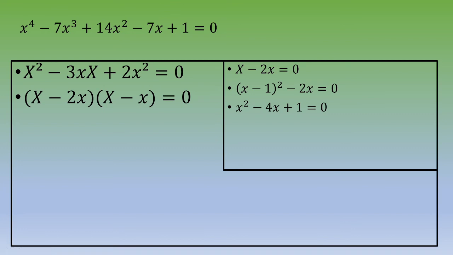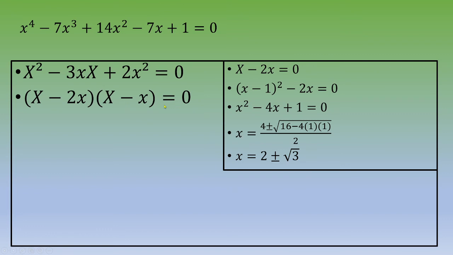So now you know that the roots are minus negative 4, this is 4, plus or minus square root of negative 4 squared minus 4 times 1 times 1 and divided by 2. Well, if you do the math, you end up with x equals to 2 plus or minus square root of 3. So with this case, you've got two roots.